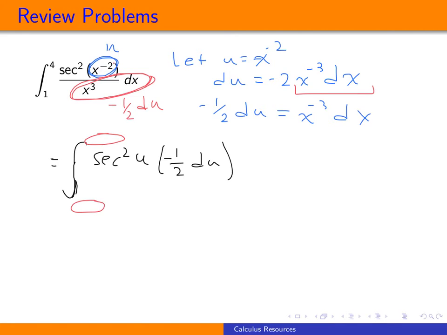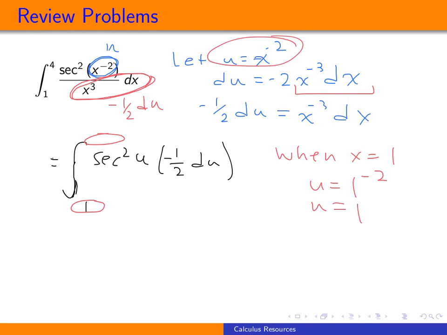So we need to figure out what u is when x is 1. So when x is equal to 1, u will be 1 to the negative 2, because u is x to the negative 2. So that tells me u is 1. So my lower limit is 1.